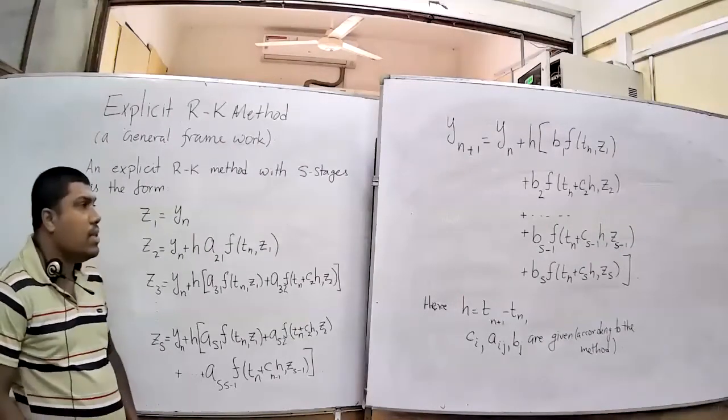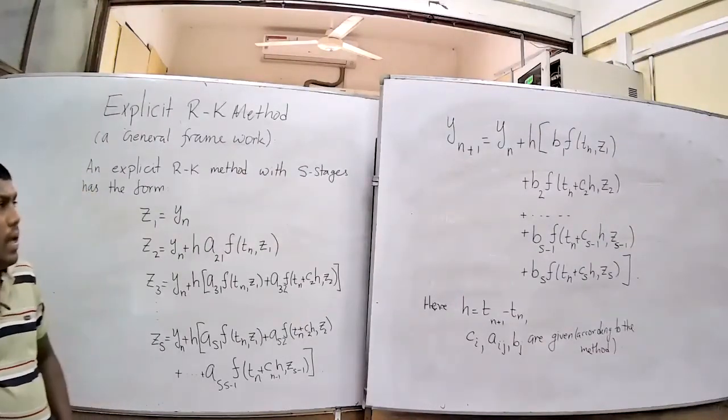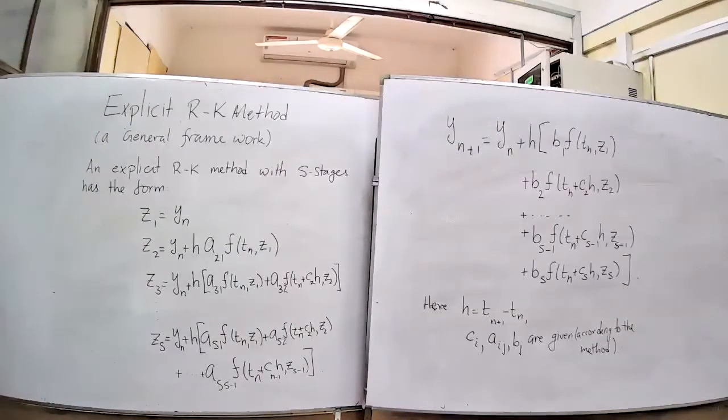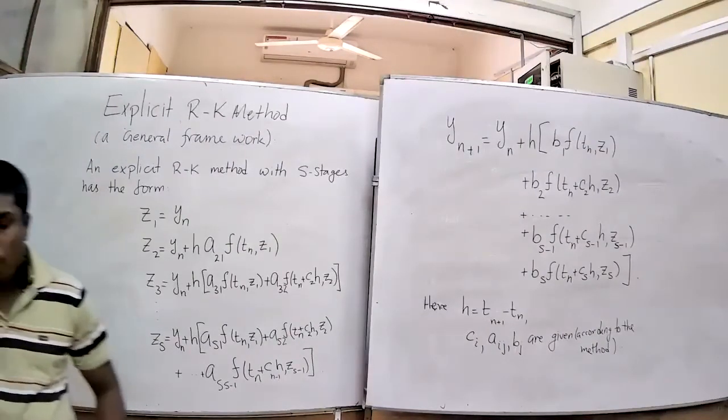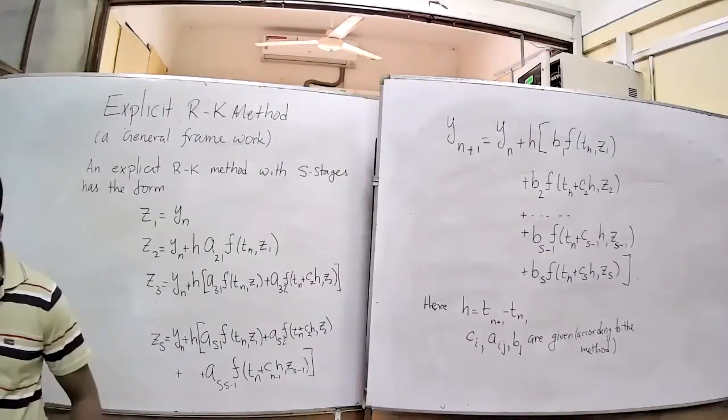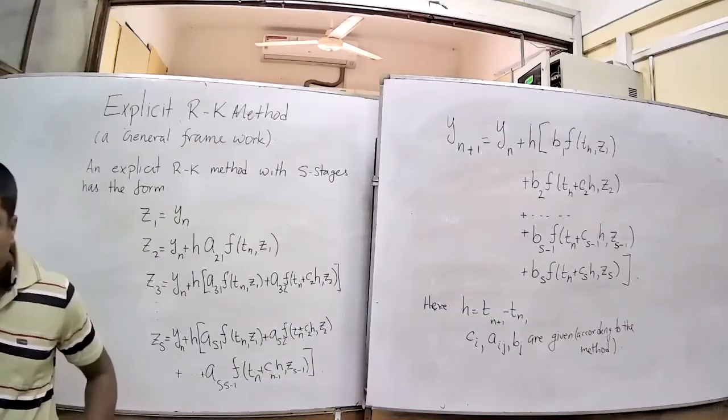So in general, this is how we define the Runge-Kutta method, right? So basically, you can think of this again as an average function that approximates the derivative or the slope, right? So that is how we do that, right?